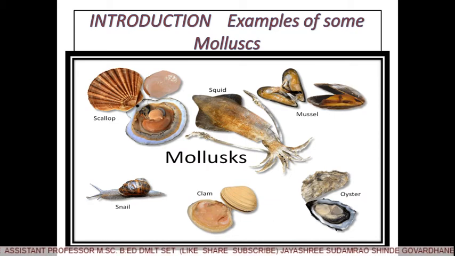Now, for protection: the shell protects the animal from desiccation on land, and as it is a protective covering, it also protects the animal from enemies. For shelter: the shell performs the function of shelter for the inner body mass, which is very soft. Now see there are two terms, malacology and conchology. Malacology is the study of mollusks, and conchology is the study of shells of mollusks.